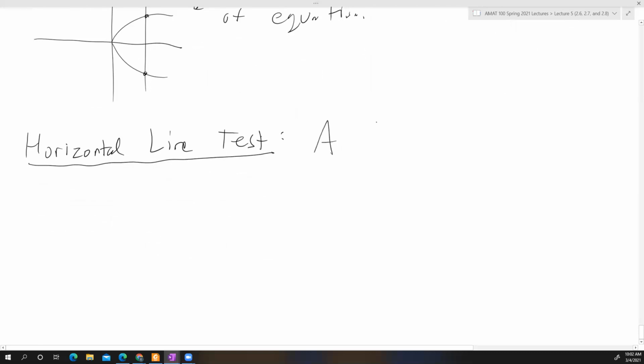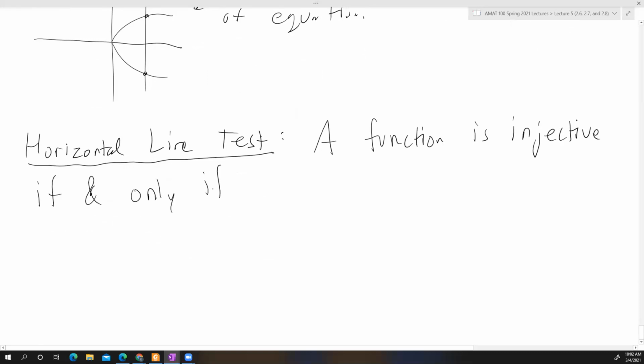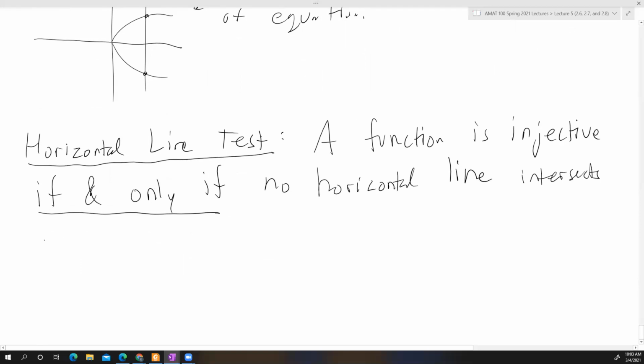So the test is that a function is injective, or one-to-one, if and only if, and this is important, we're saying that injectivity is equivalent to the following: no horizontal line intersects its graph more than once. And this makes sense.